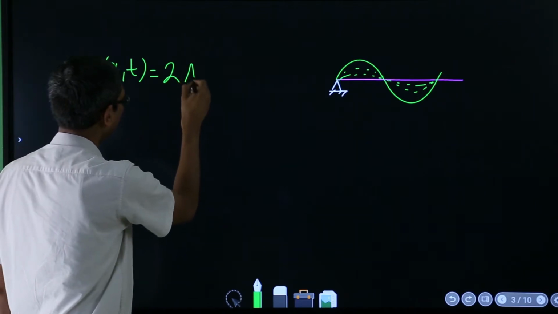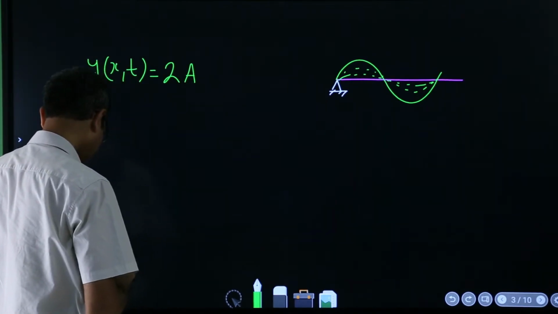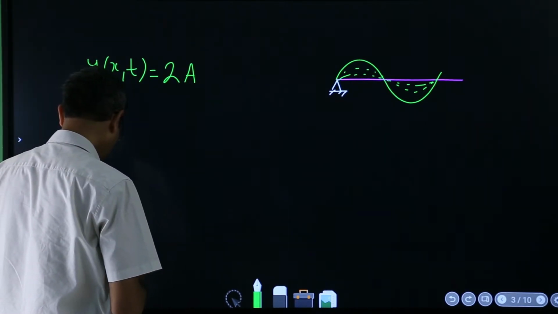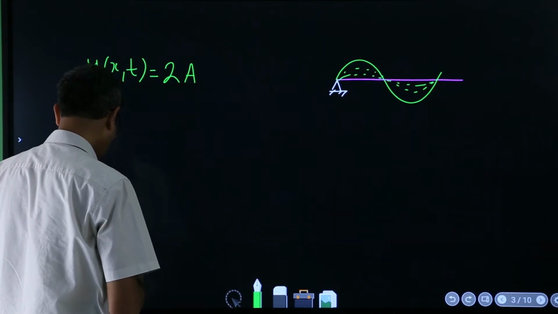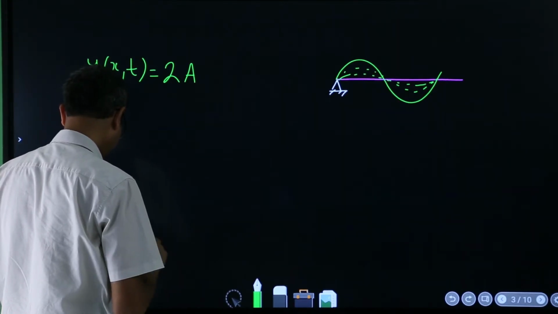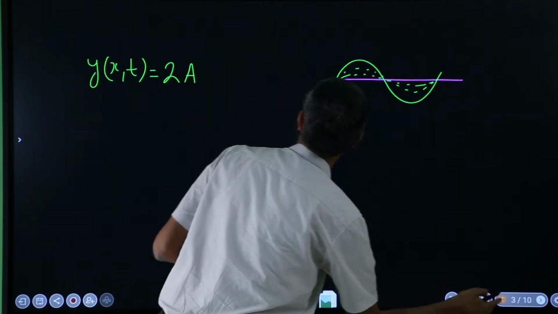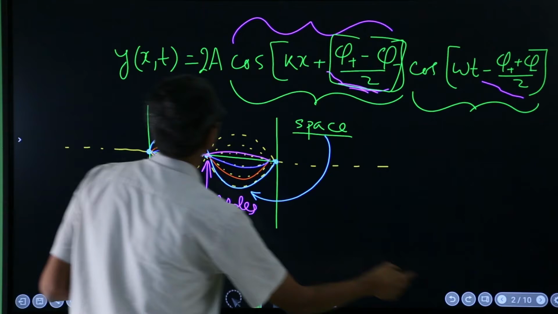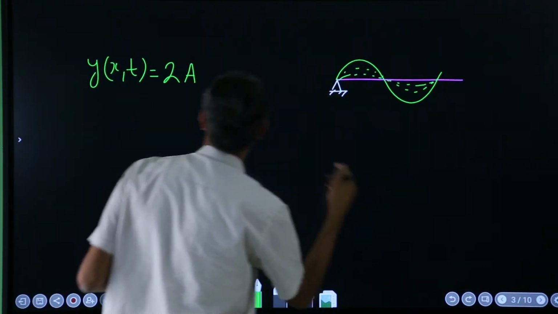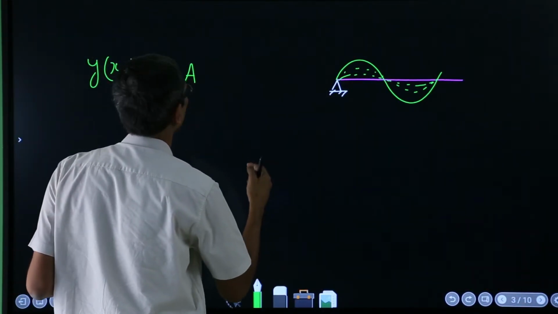What is the expression? Let me see from here. 2a times it will become sine. I will require more space.